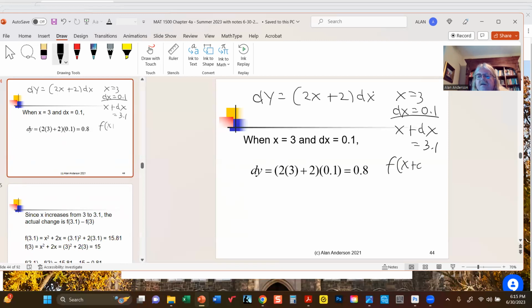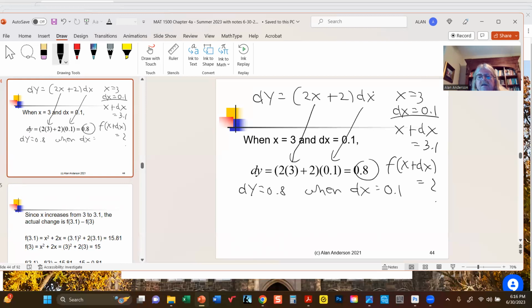This is what we're after. So dy equals, as you can see here, replacing the x with a 3. This is our delta x. This is 0.8. In other words, when dx is 0.1, dy is 0.8.